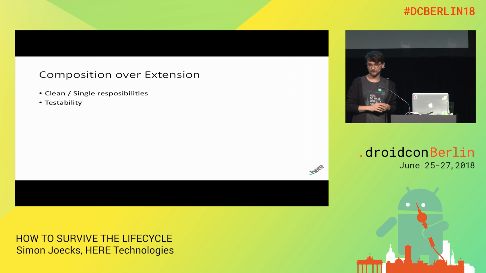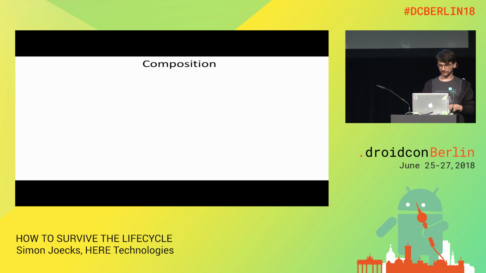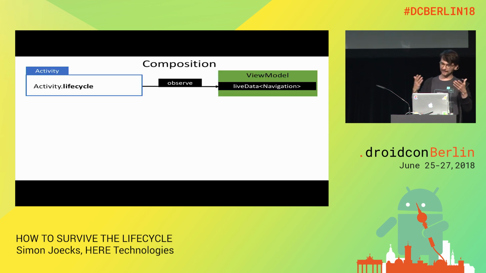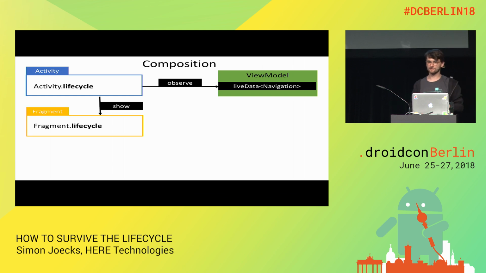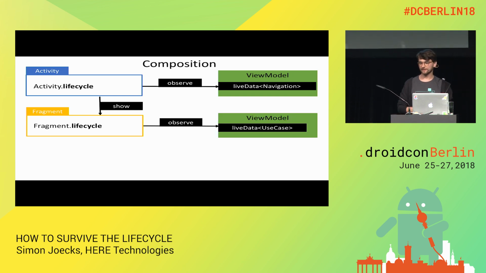The good part about composition is that you have really clean responsibilities and very clean documentation of what your component can do. And testability is really great. So how does this look? In the composition case, again, the high-level activity is taking care only of the navigation. Still the same. It's going to show the fragment, and the fragment is only taking care of one thing: with its own lifecycle, it only observes the use case information.